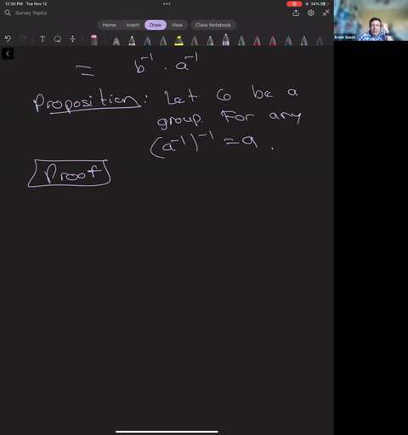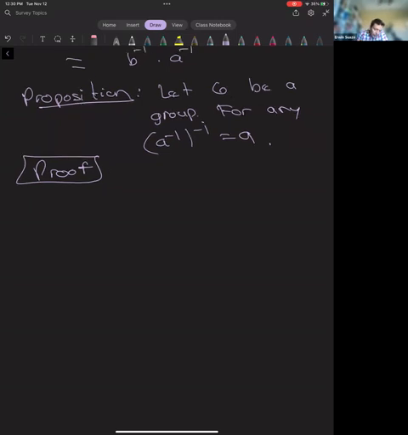Way more. Like 16, 17 years ago. Let's see how my long memory is. But it's not memory, it's logic, right? So let G be a group. For any A, the inverse of the inverse is A.